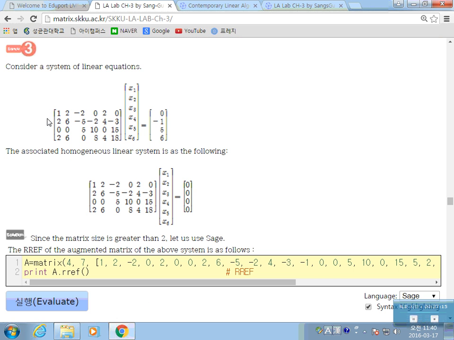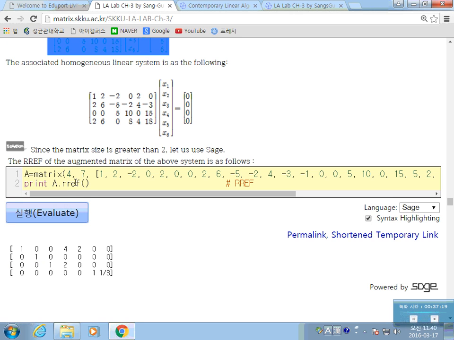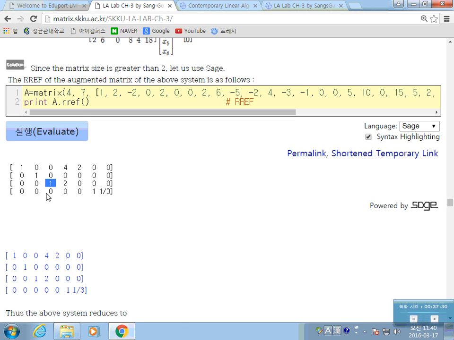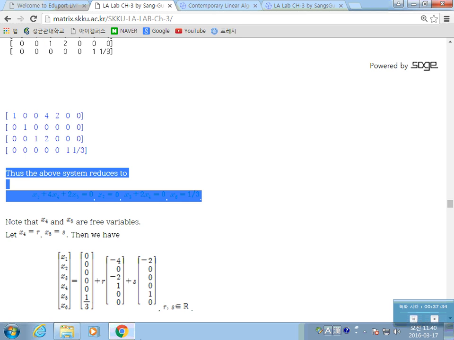If you have this linear system of equations, then you can easily find the RREF of this matrix. Then you can find the leading variables, and you have free variables here, 1, 2, 3. With these free variables, you can find the set of the solutions of this homogeneous system.